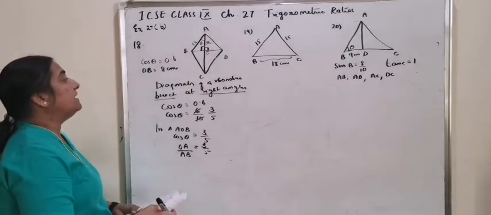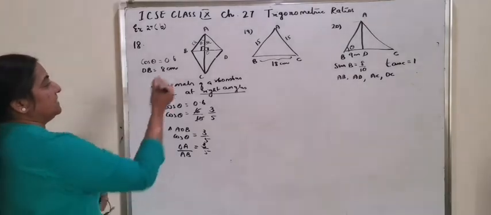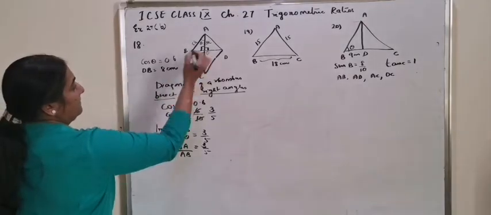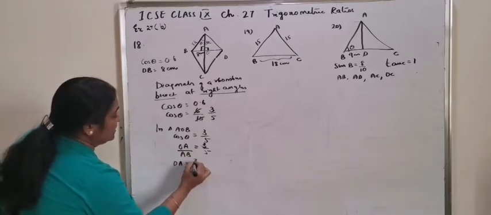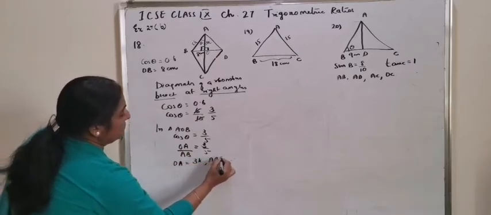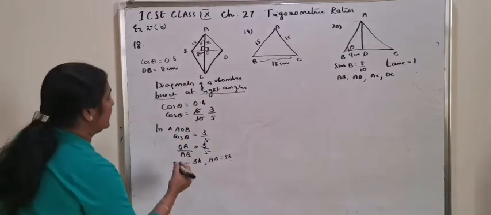It is already given in the question that OB is equal to 8 centimeter. So let OA is equal to 3K, AB is equal to 5K and OB is equal to 8. Apply Pythagoras theorem.